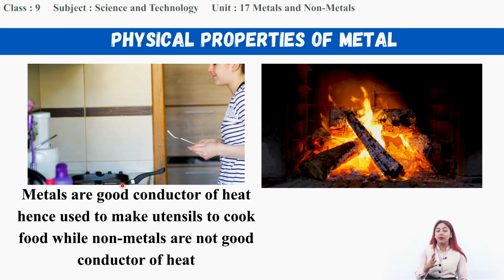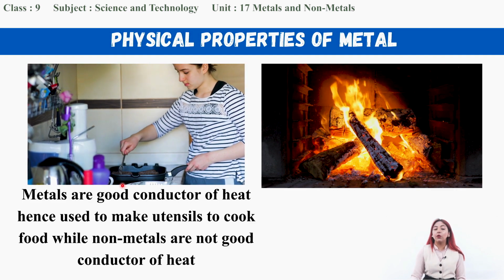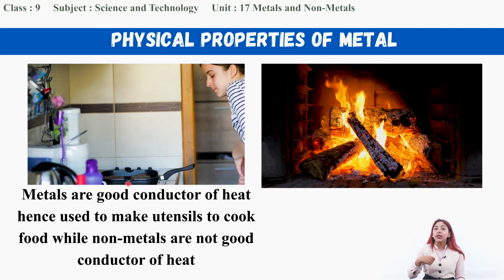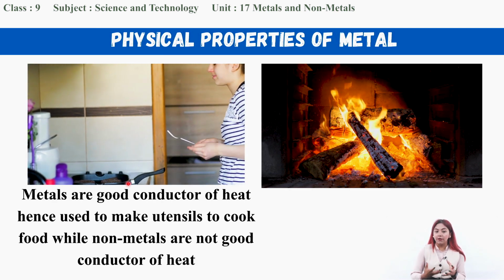So from that also we can understand that metals are good conductors of heat. You can see that she is also using a metallic frying pan to cook, because since metals are good conductors of heat, they are also used to make utensils so that we can cook our food.